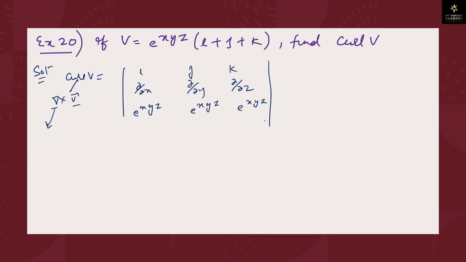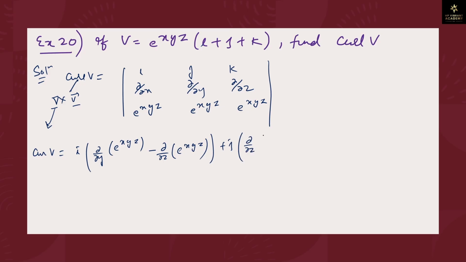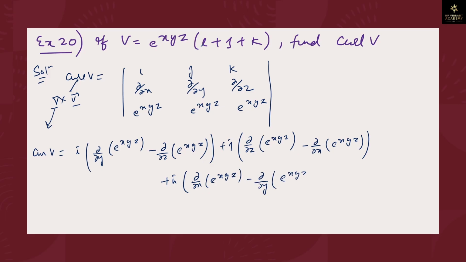So let us expand this. Curl of V is equal to i cap (del upon del y of e to the power xyz minus del upon del z of e to the power xyz) plus j cap (del upon del z of e to the power xyz minus del upon del x of e to the power xyz) plus k cap (del upon del x of e to the power xyz minus del upon del y of e to the power xyz).